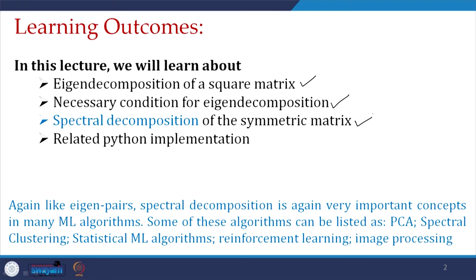In fact, in many image processing applications also we make use of Eigen decomposition. It is also a very important concept when you are developing a recommender system. Okay. So, with this motivation, let me start with the definition of Eigen decomposition.